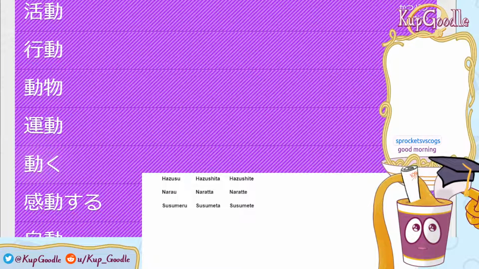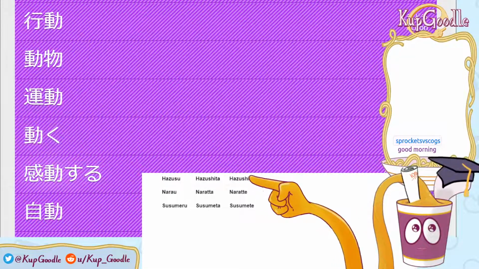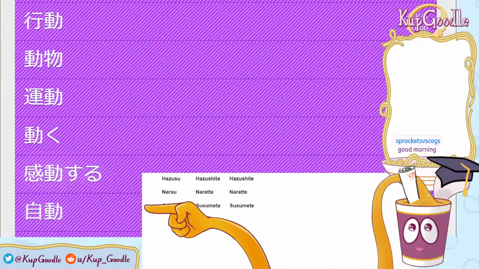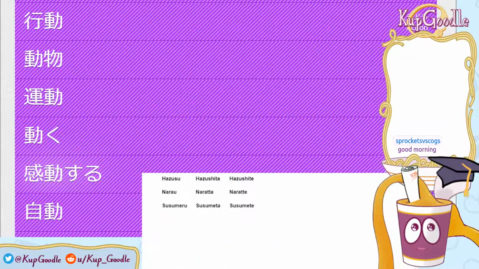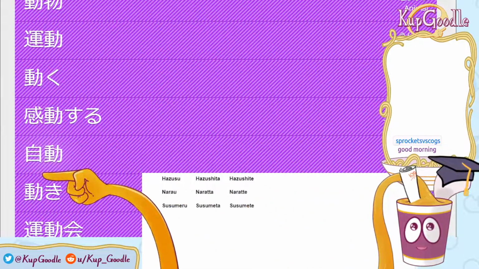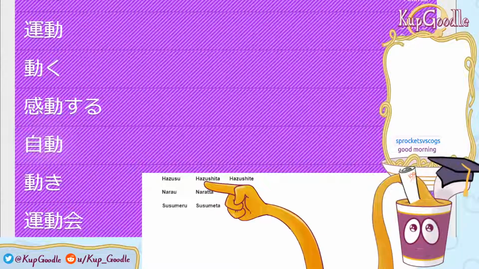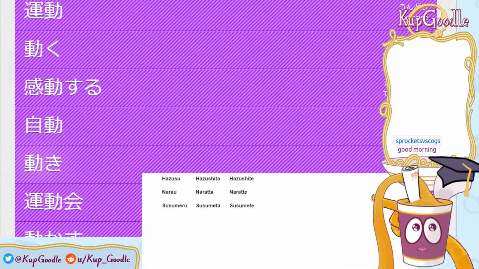And then to move is just ugoku. Know that from Pokemon. Let's see, one of the only times we're gonna see ugo. What is it? To be emotive? To be emotional? Kando suru. Automatic is self-moving. Doesn't that make sense? Jido. Movement, ugoki.